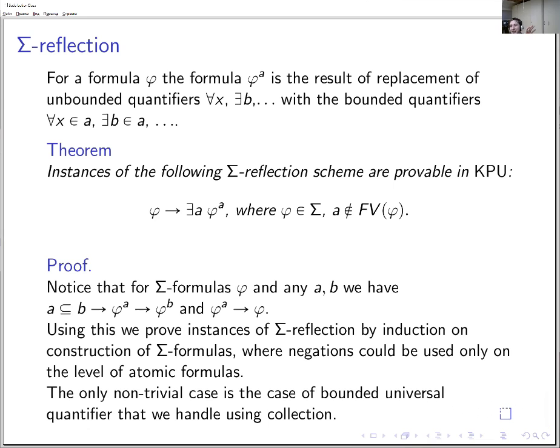But in the case where A is a transitive model and all the parameters of phi are elements of A, then phi^A is just the relativization of formula phi to the transitive model A.